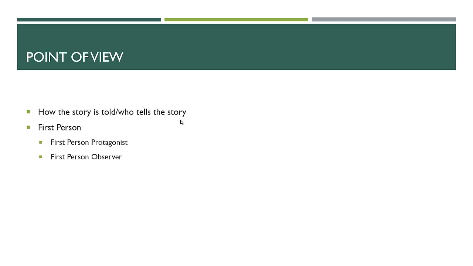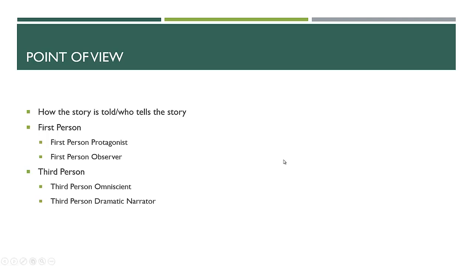So for instance, first-person protagonist, that is the main character of the story is the one telling you the story. First-person observer is one of those secondary characters in the story telling you the story. In first-person point of view, you're going to see lots of I's in the narration. Because it's the character in the story, I, telling you it.